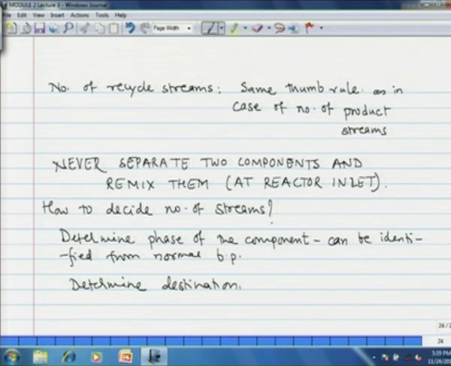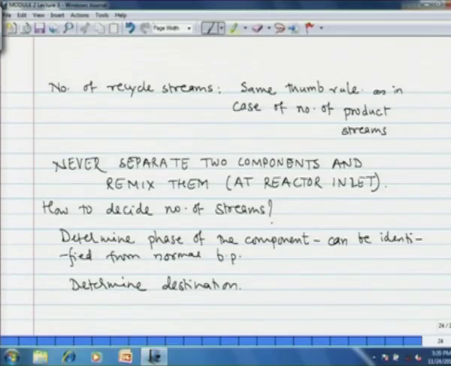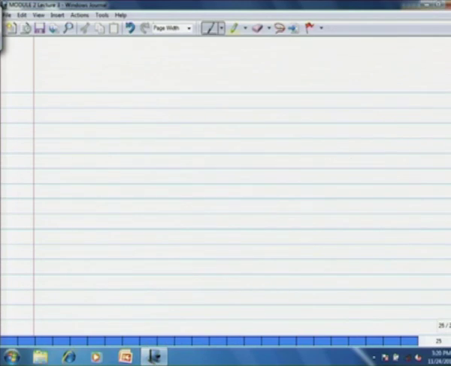And if the destination of the different components is the same and their phase is the same, those components can be sent through the same stream. Now, let us try to apply this rule for the HDA process.